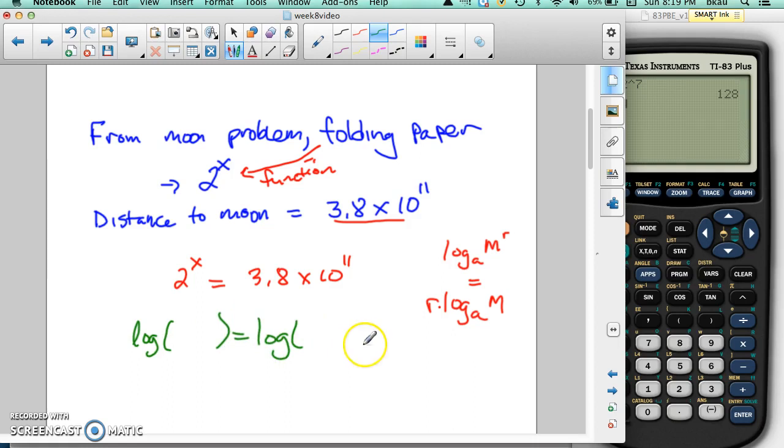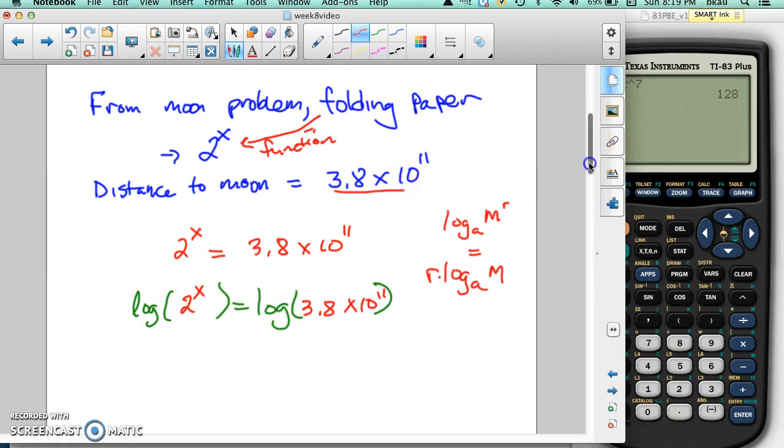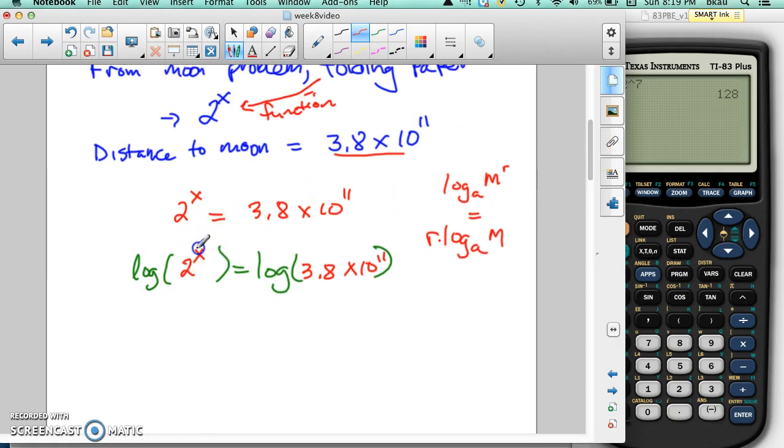We're going to use the logarithm we can use on our calculator. Here we would write log of 2 to the x and log of 3.8 times 10 to the 11th power. Now, this is some number that we can evaluate on our calculator. But this side over here, we can use the properties of logarithms to simplify it. We can move the x into the front of this logarithm.